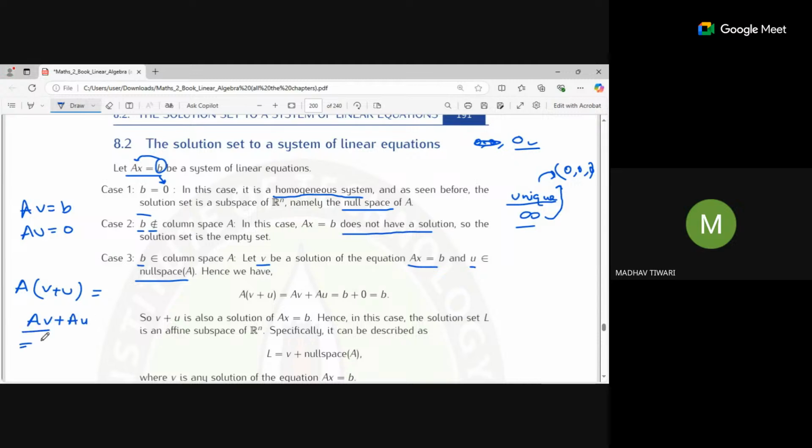Av is b and Au is 0, so b. So v plus u will also be a solution of this. But when it is unique, we have only the 0 vector, so it doesn't matter how many times we add it to the unique solution, we will always get the same value. That's why it is a unique solution. But if it has some other vectors, then if I add one to any solution, it will give me a new solution.